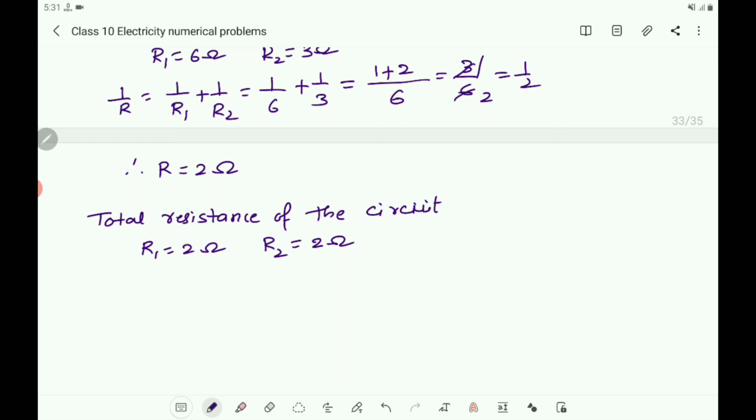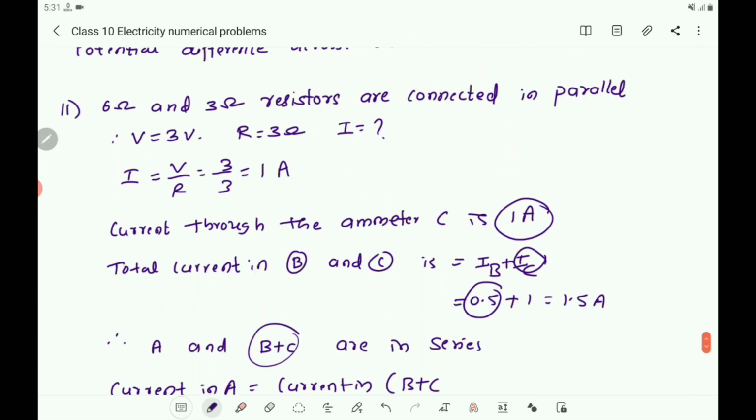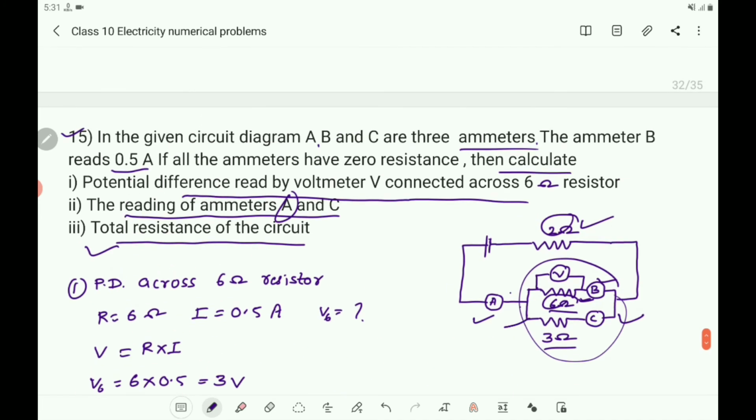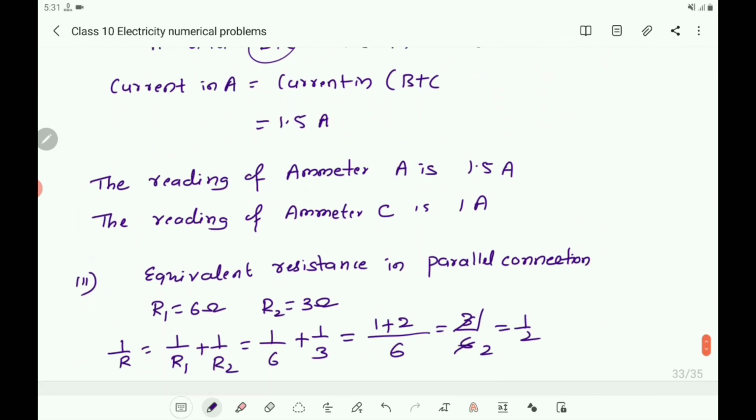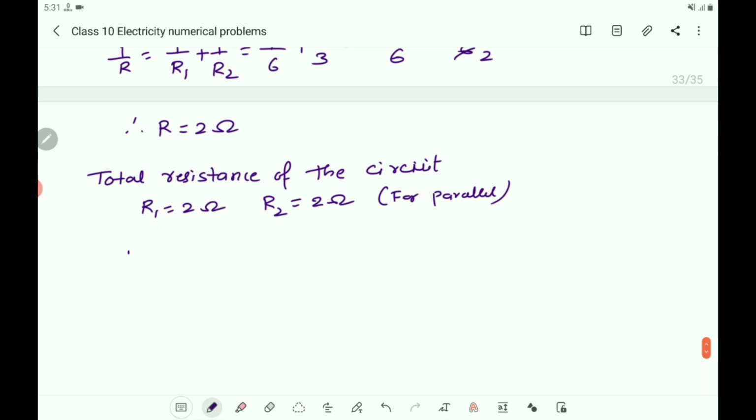So the series connection is there. Here see the connection, this is connected with series, not parallel here. So we have to add them. So R equals R1 plus R2, that is 2 plus 2 equals 4 ohm. So the total resistance of the circuit is 4 ohm.